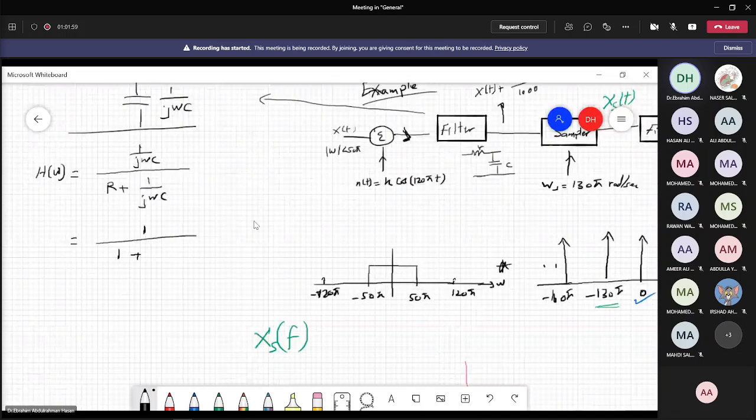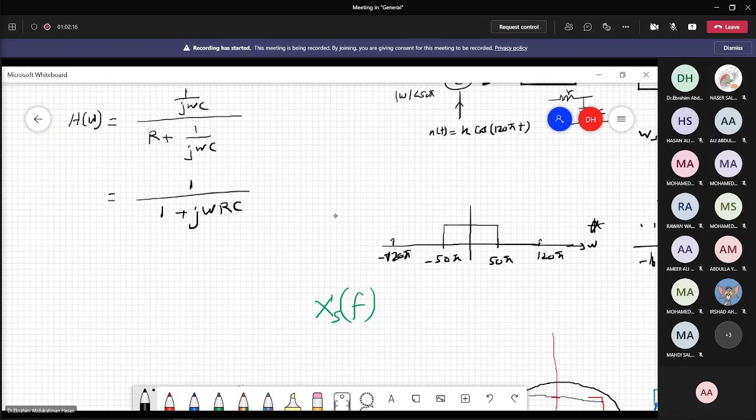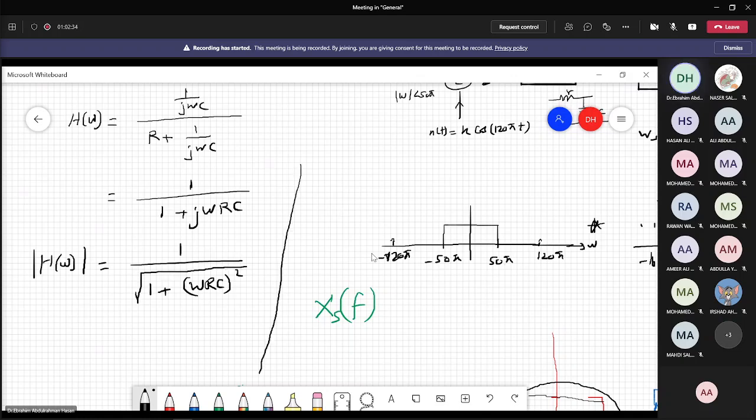So we said that here we multiplied by j omega c. So here we have 1, and here we have 1 plus j omega rc. What is the magnitude of this one? This is important. The magnitude of h of omega is equal to 1 over the square root of 1 plus omega rc all squared.